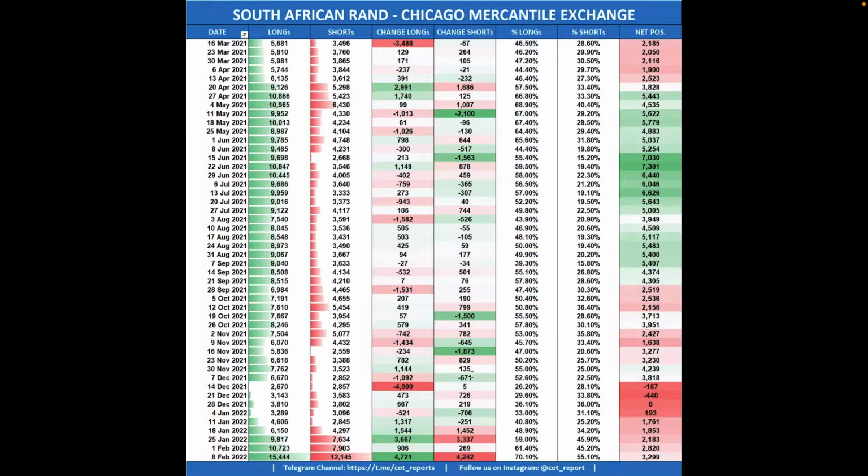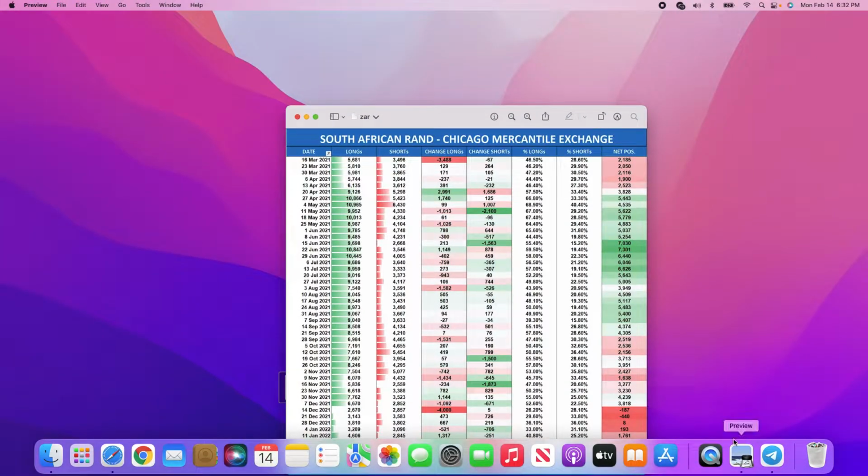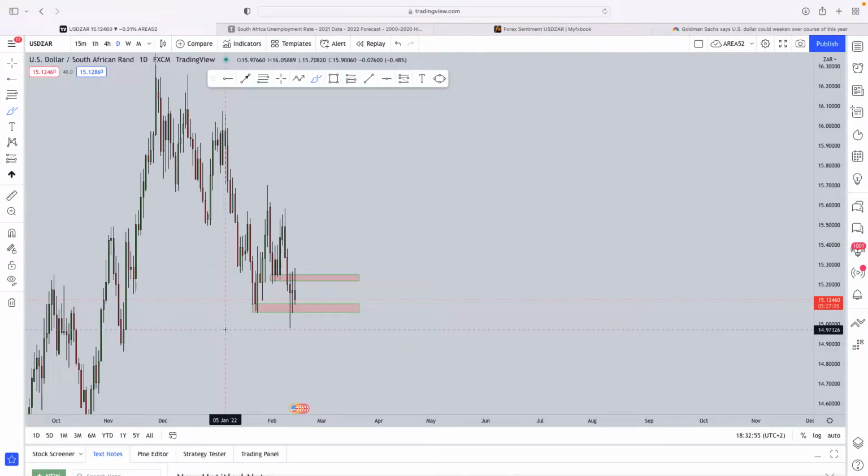They also added 4,242 short positions, but we can see how the overall net positions had increased from 2,820 to 3,299. So there's a good possibility for the ZAR to get stronger in the short term as well.